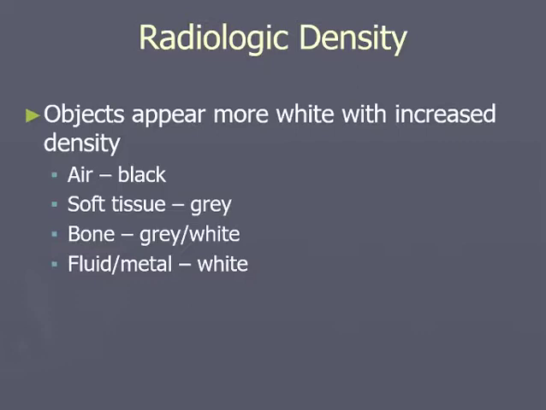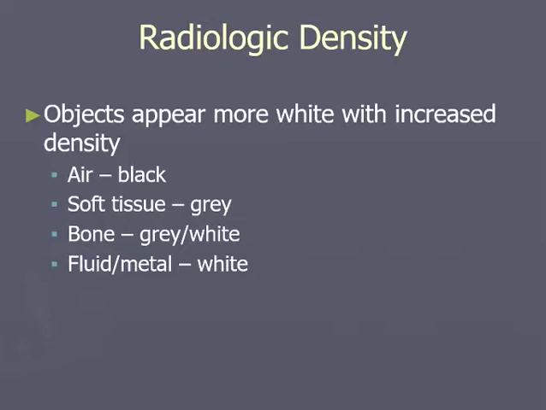So air doesn't absorb any x-rays, and it will completely develop the x-ray film, in the days where we used to have x-ray film, and it will turn up as black. Whereas if the film is undeveloped, if it doesn't receive any x-rays, it will show up as white. And then we have everything in between.